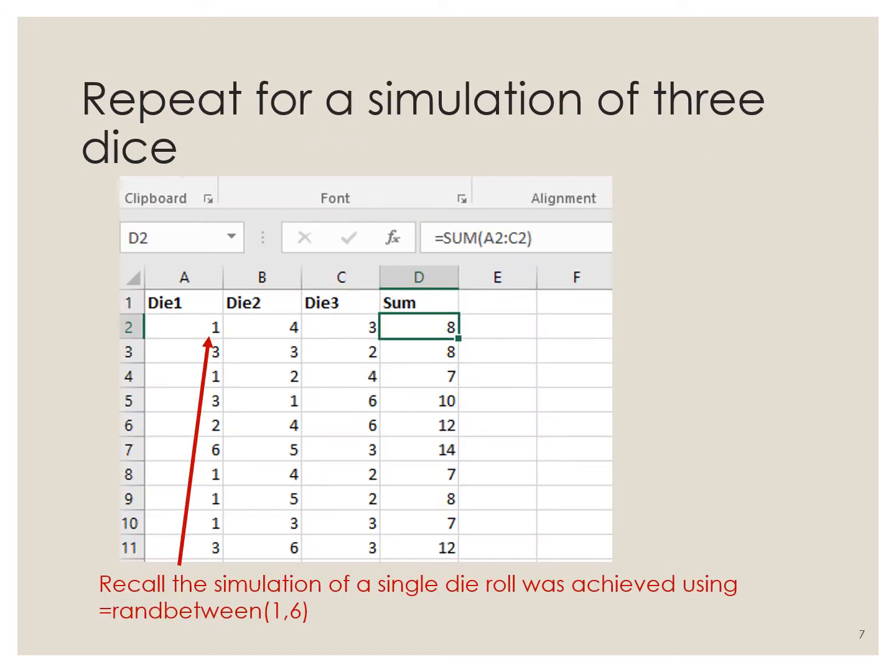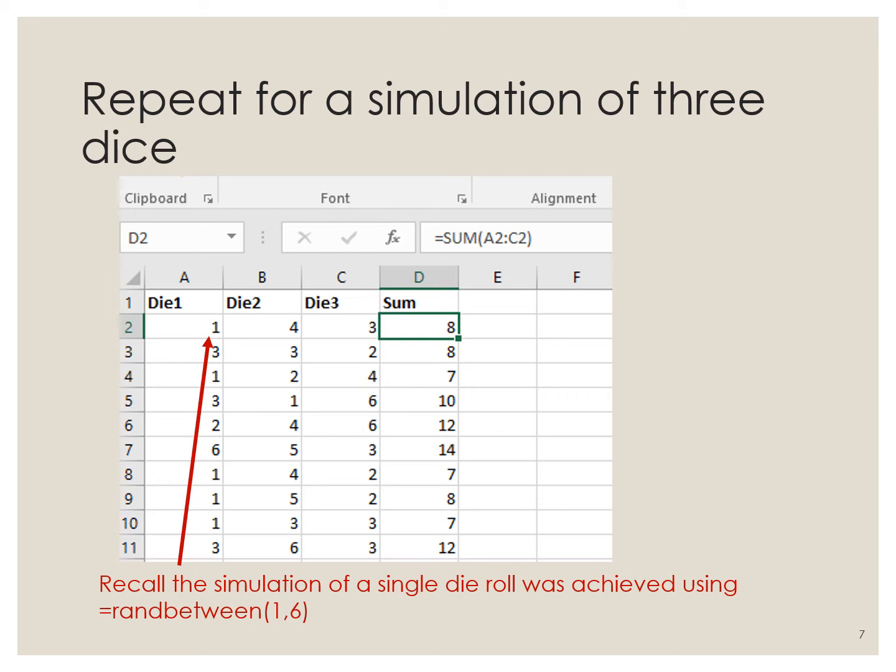Next, we'll move on to the simulation of a roll of 3 dice. So again, the simulation of a single die, we use Randbetween parenthesis 1 comma 6 close parenthesis. We are doing that within row 2. We're doing that 3 times for simulating 3 different dice, and then we're copying that down to make 500 rows worth of simulation of rolling 3 dice.